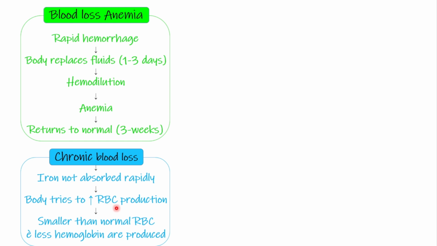The body will keep trying to increase RBC production, and it will start producing smaller RBCs than normal, with less hemoglobin in them. So in chronic blood loss, the body cannot compensate by the production of RBCs. There is less iron as compared to the blood lost, but the body is pushing the bone marrow to produce more RBCs. The bone marrow will start producing RBCs, but they will be of smaller size than normal, and they will have less hemoglobin as compared to normal RBCs.